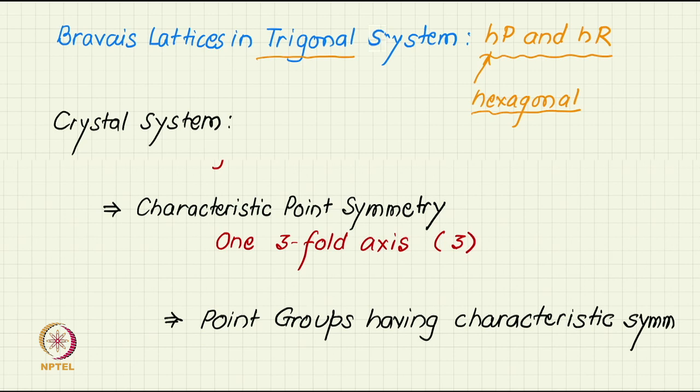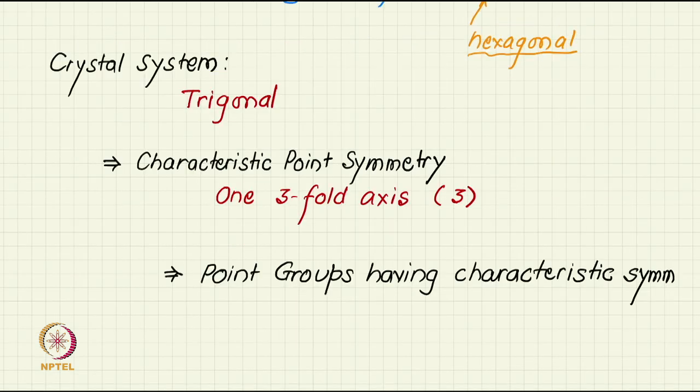The point groups which have this single threefold axis, out of the 32 point groups, are 5 different point groups which belong to the trigonal crystal system. These are 3, 3 bar, 32, 3m and 3 bar m, in the Hermann Mauguin notation.